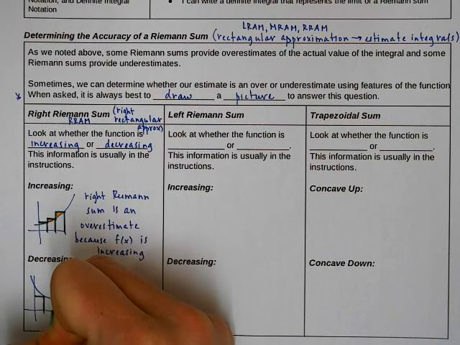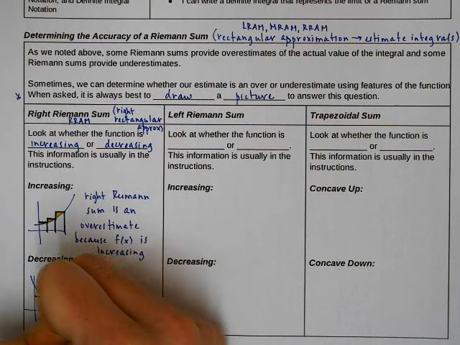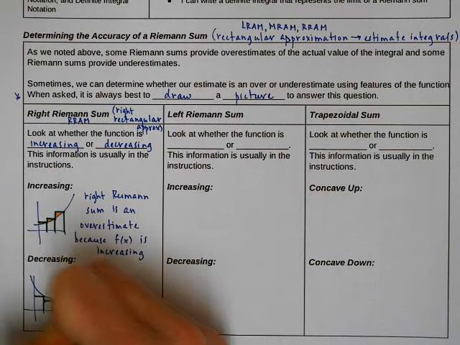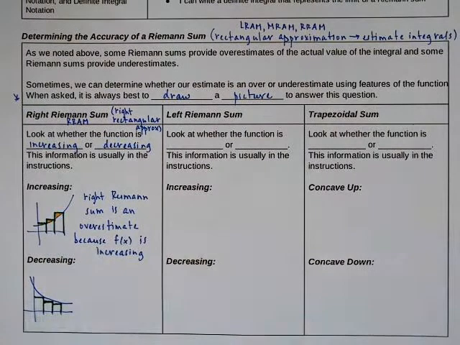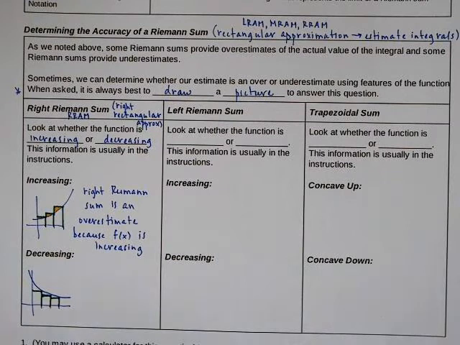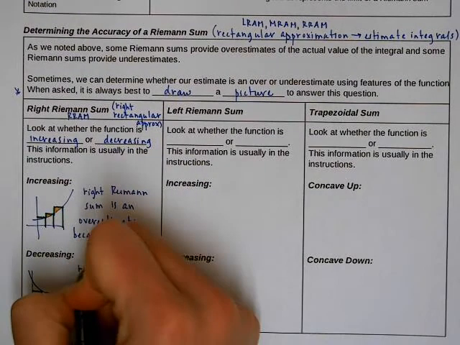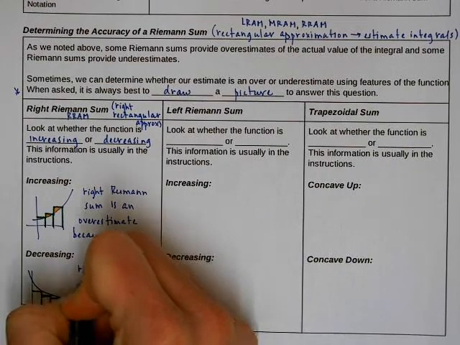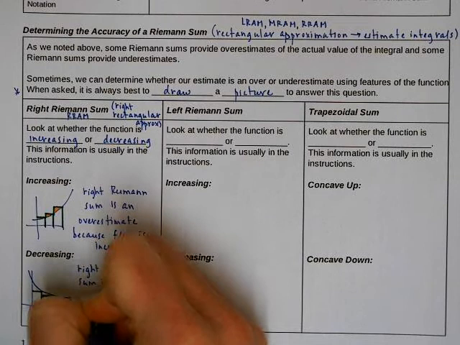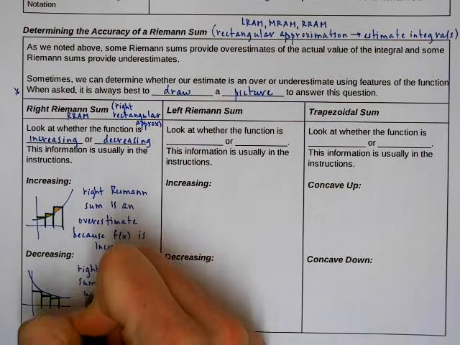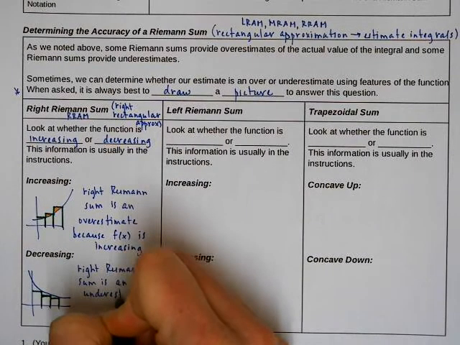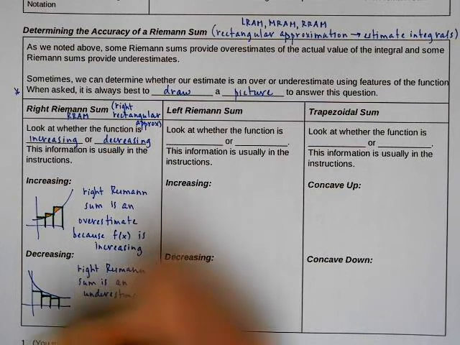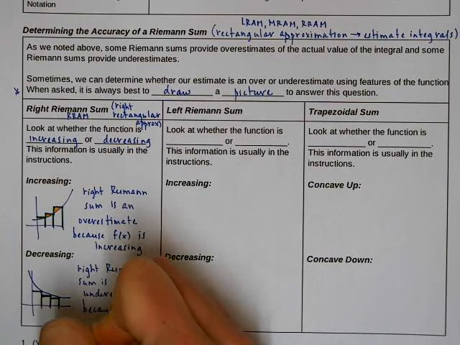From 1 to 2, I use the right endpoint at 2, up to the curve and over. And then again here, up to the curve and over. So here you can see we've actually got gaps where we lie below the curve. So in this case, we would say that a right Riemann sum is an underestimate because our function is decreasing.